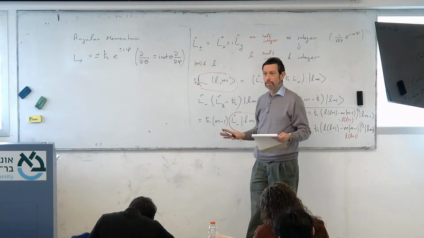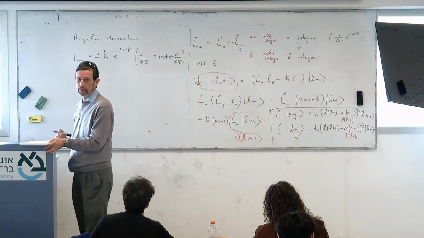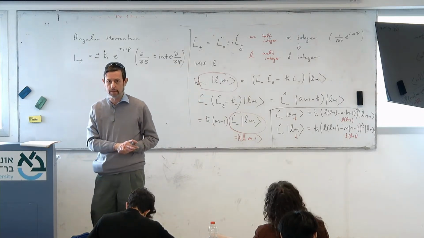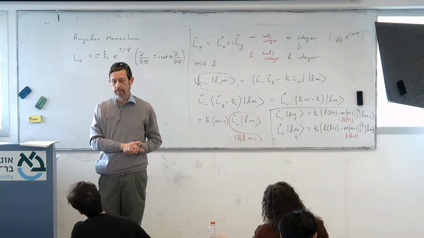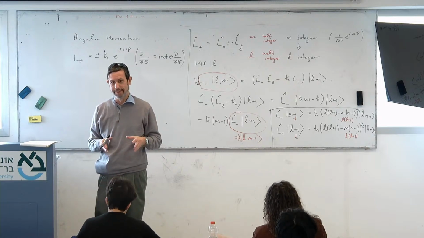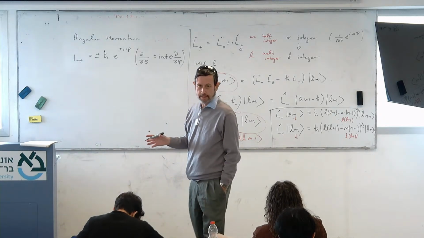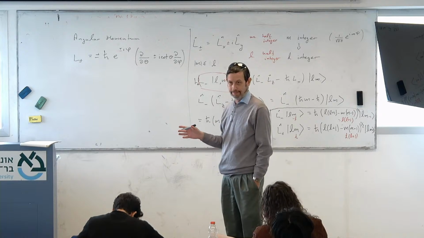So I wrote the differential form of L plus and L minus. From where did I take it? A couple of lectures ago, I wrote Lx, Ly, Lz in theta and phi.